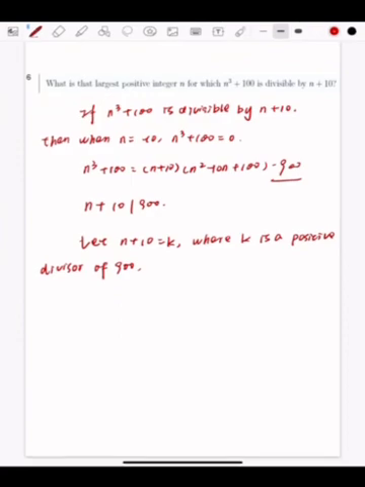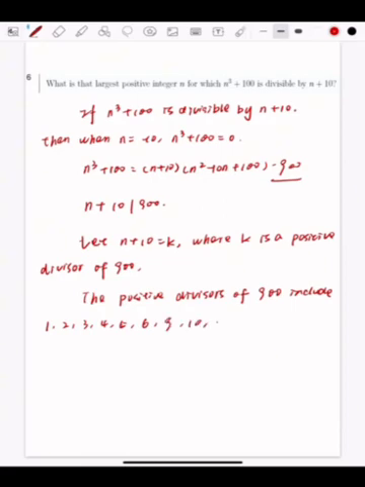And so now let's find the positive divisors of 900, which include 1, 2, 3, 4, 5, 6, and 9, 10, 12, 15. Okay, so on and to the end. So the largest positive divisor k of 900 is 900 itself.